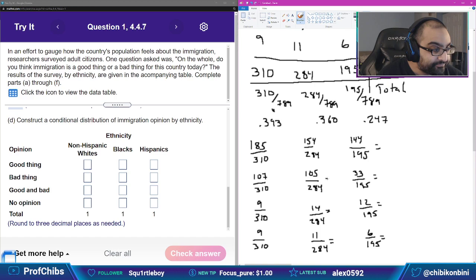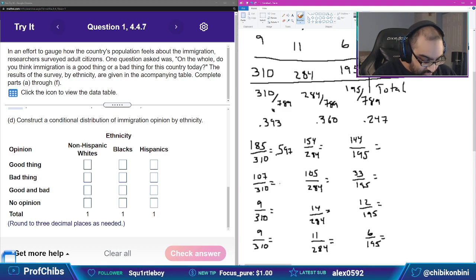Alright, let's go ahead and figure out the decimal equivalent here. How many decimal places do they want? They want 3. We're going to put in 3 decimal places for each, since that's what they want. So let's do it together here. 185 over 310 is 0.597.